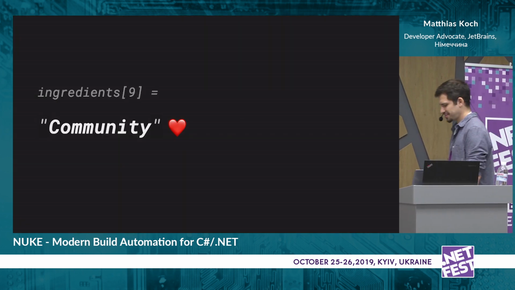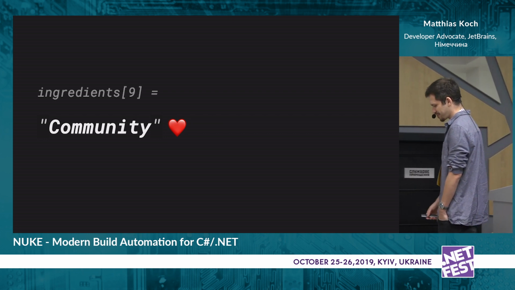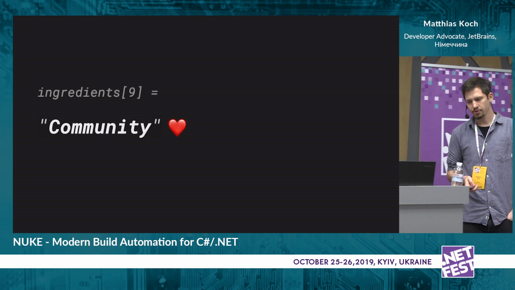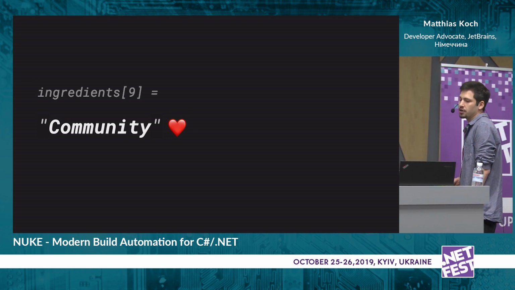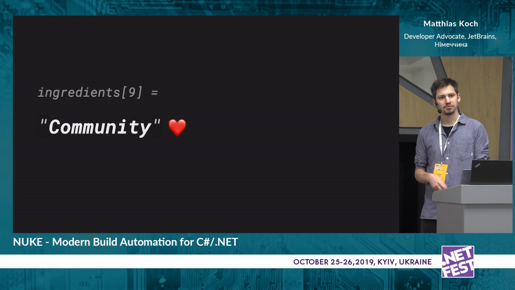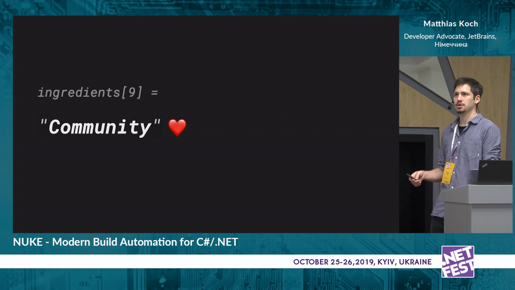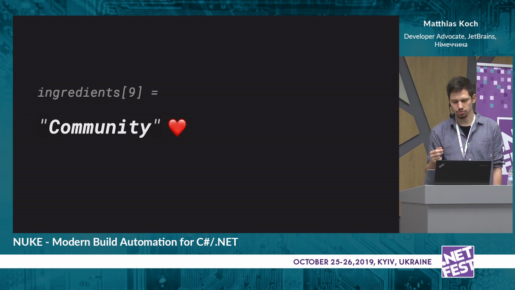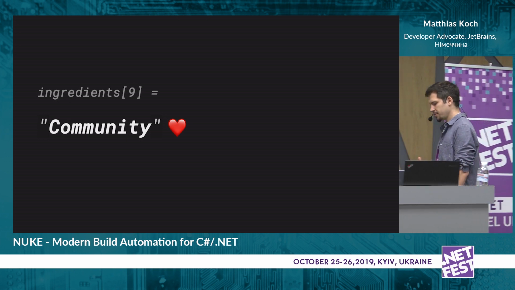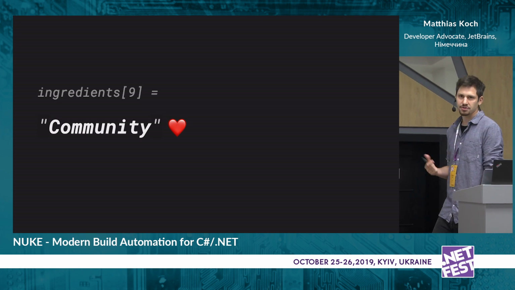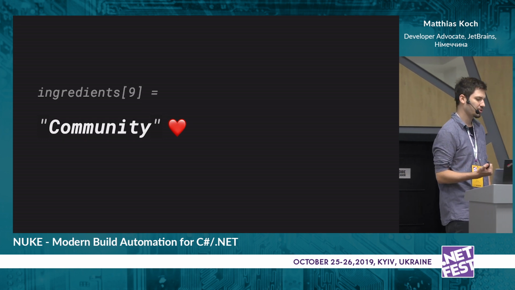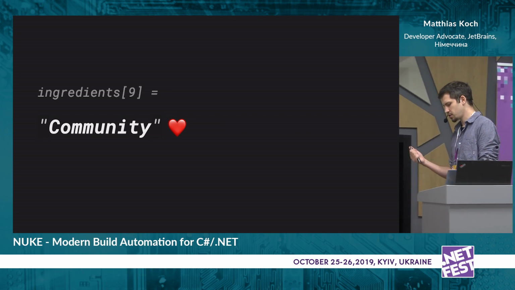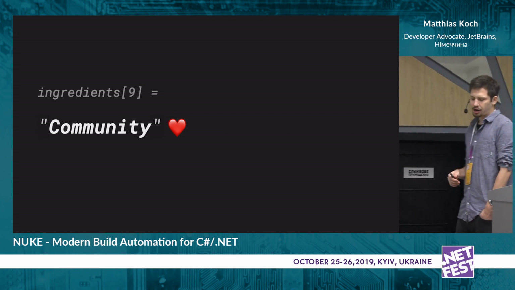And the last ingredient for that build tool, at least, is community. So many of the things that I've shown today were inspired from people from the community. So for instance, the Fluent way of composing tool invocations, that part was inspired, for instance, from Nikita, who's maintaining the Avalonia UI project. They've adopted NUKE already.